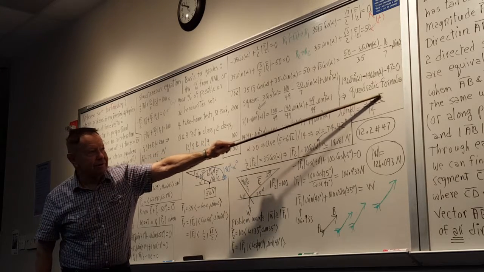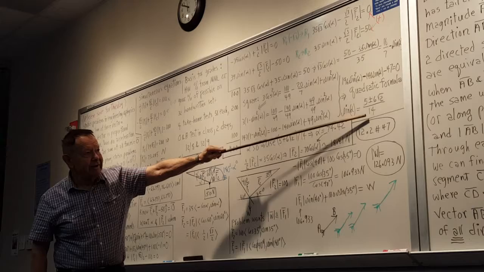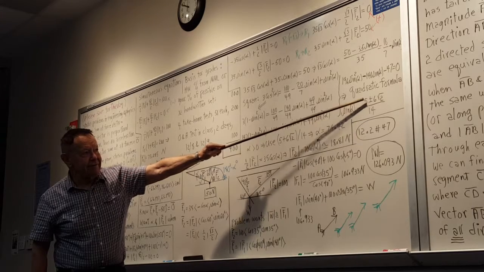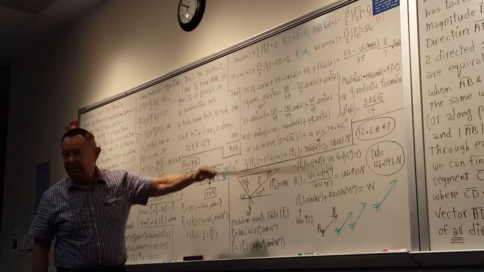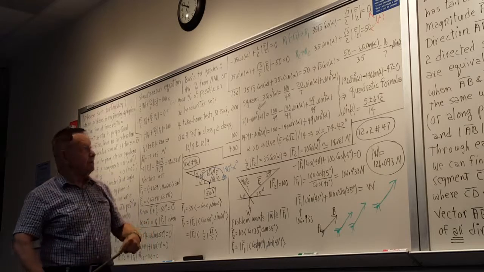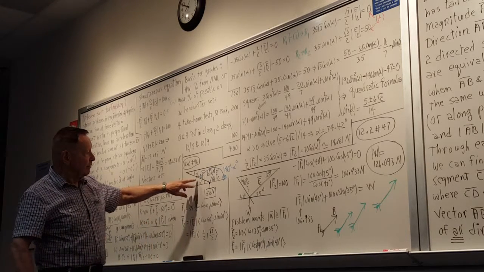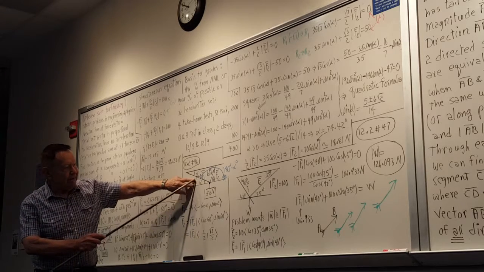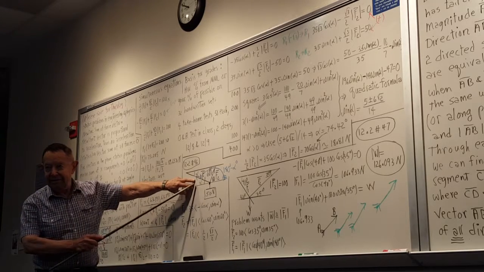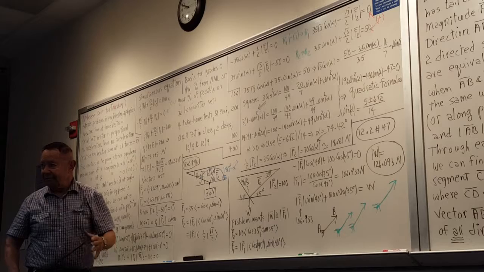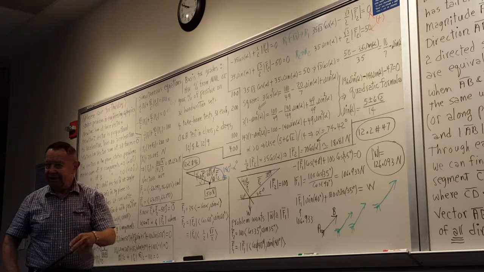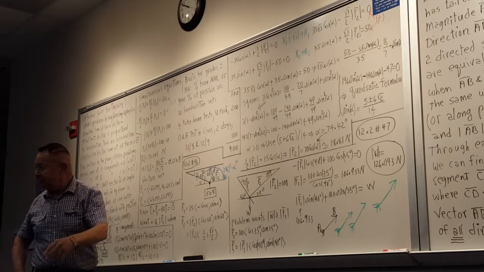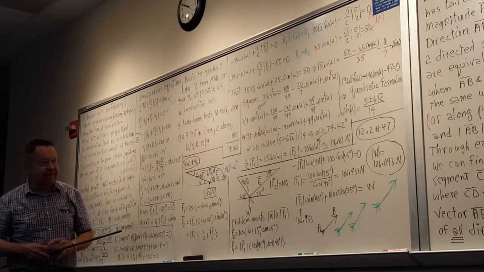See, 6 root 2 is bigger than 5, so if you took the negative, your sine would be negative. And you're talking about a problem with an acute angle. You can see that the alpha is less than 90 degrees, so you don't want something where the sine is negative, which would be more than 180 degrees.